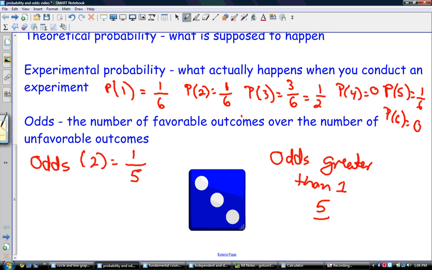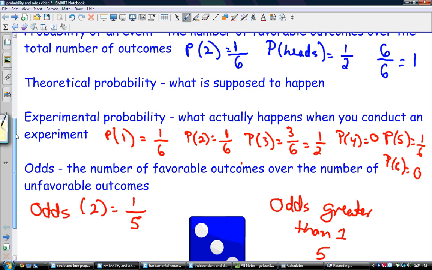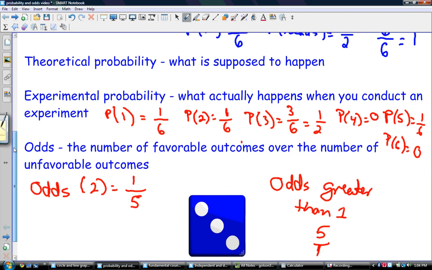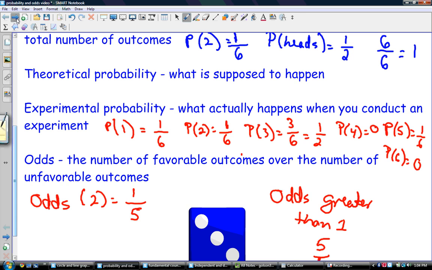I would only have 1 unfavorable outcome. So my odds would actually be 5 over 1, or 5. Where probability can never be bigger than 1. So that's one big difference in odds. So you got to be really careful. It's easy to mistake these because they're so similar. So you've got to be really careful when you're doing them.